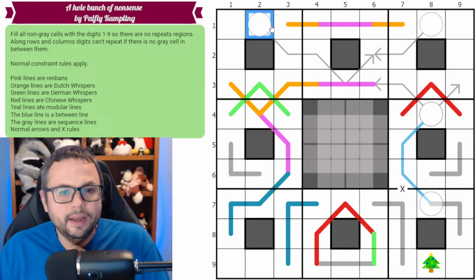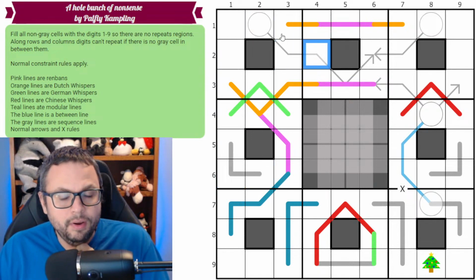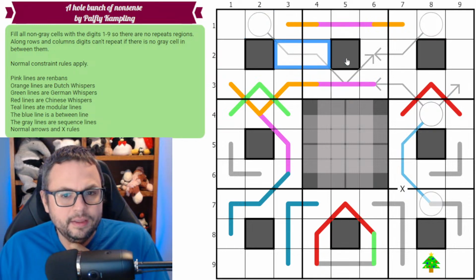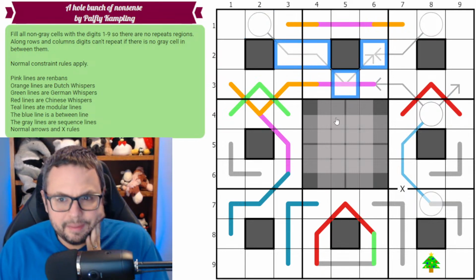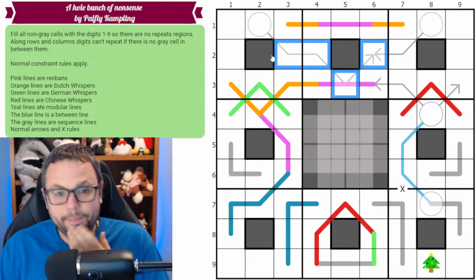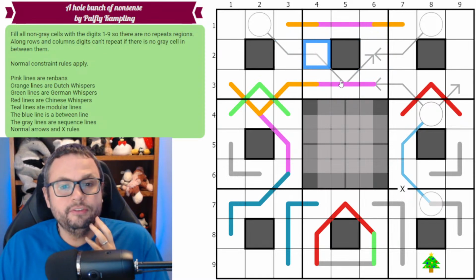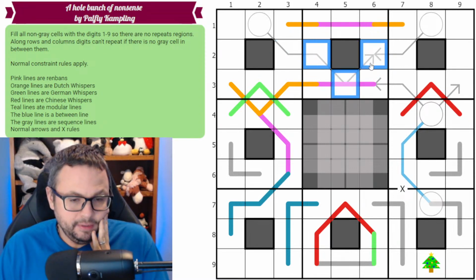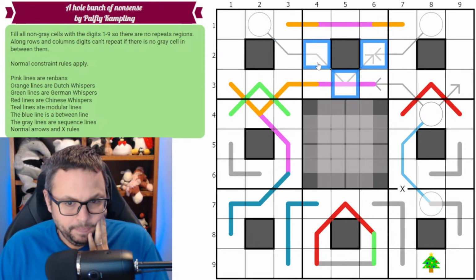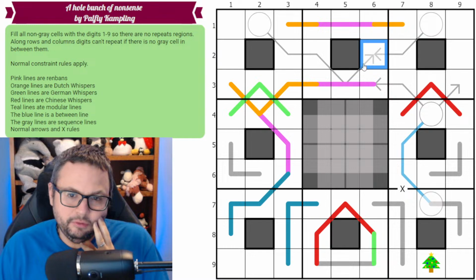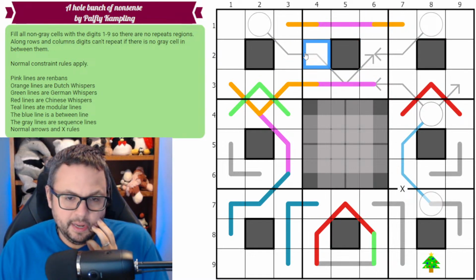Okay, so this arrow sums to a minimum of 6, I believe. Oh, sorry, no, it sums to a minimum of 7, I think, based on the fact that these sum to at least 1, 2, 3 plus 1.